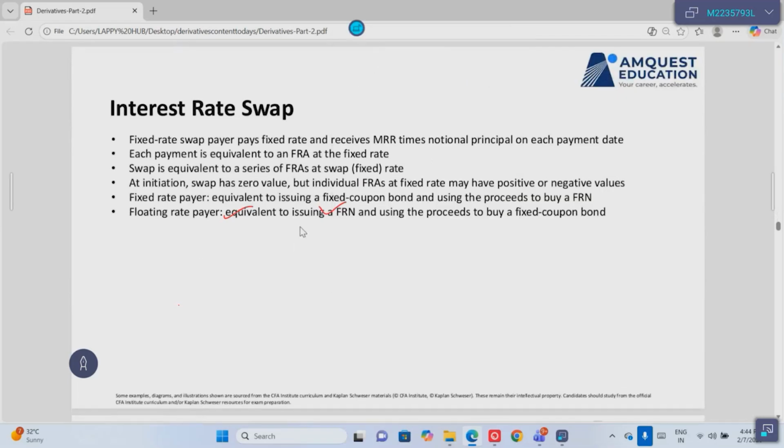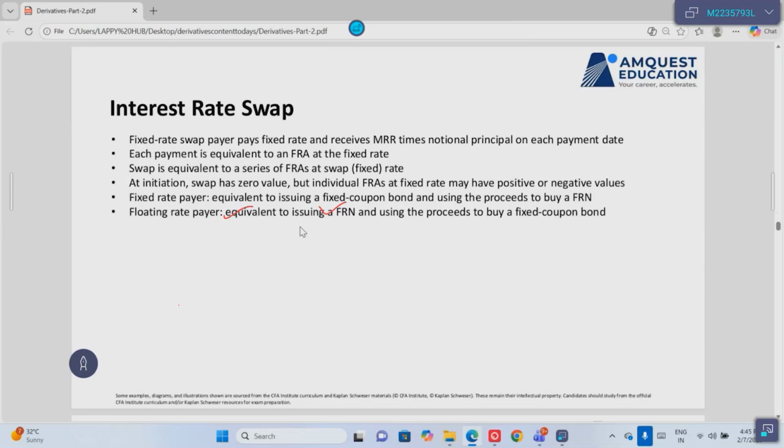A fixed rate swap payer will pay fixed and receive floating. Same way, a floating rate swap payer will pay floating and receive fixed. Clear?